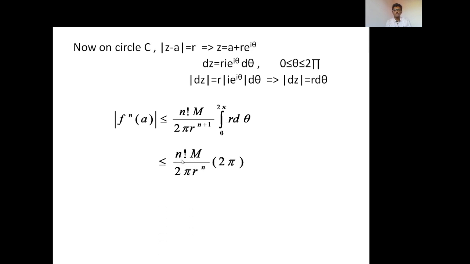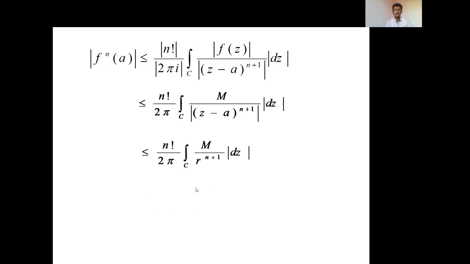Therefore this is less than or equal to n factorial M divided by 2 pi r power n into the integral, and substituting these limits we get 2 pi. So the 2 pi gets cancelled. Therefore f power n of a is less than or equal to n factorial M divided by r power n.